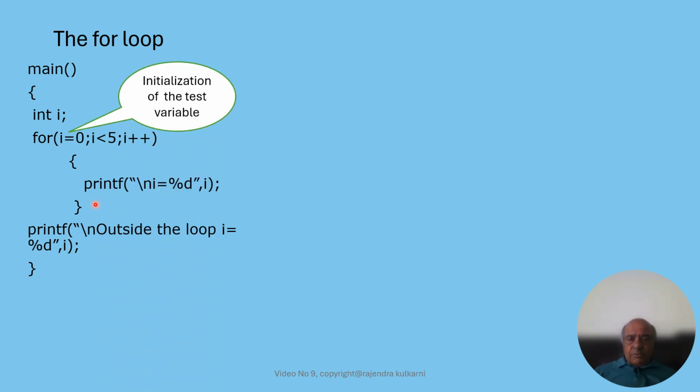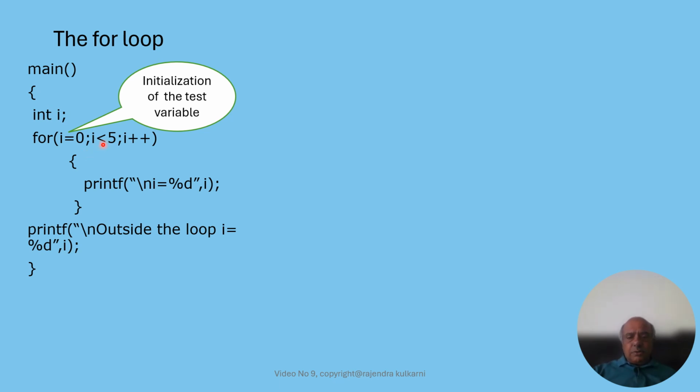While using the for loop, the first thing that appears in the for loop is i is equal to 0, i being the counter or the test variable, its initialization.